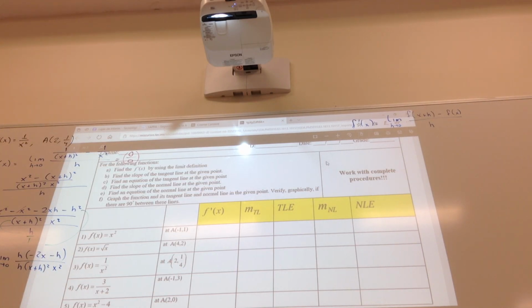And then you cancel. Now you can simplify. Minus 2x minus h over (x plus h) squared times x squared. Now what? Substitute the value. Let's try to do it directly. So this is going to become 0, this is going to become 0, right? Yes.